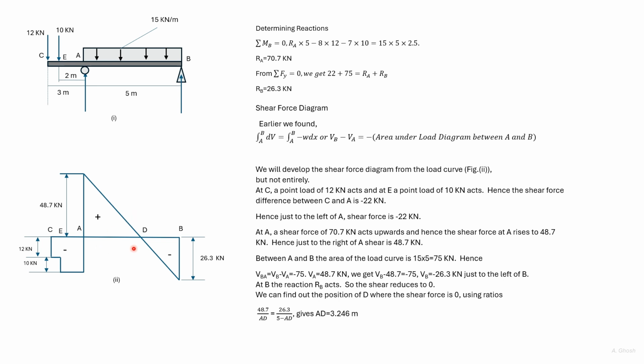We can find the point D between A and B where the shear force is 0. So 48.7 divided by AD is equal to 26.3 divided by 5 minus AD, which is DB. We get AD is equal to 3.246 meter.